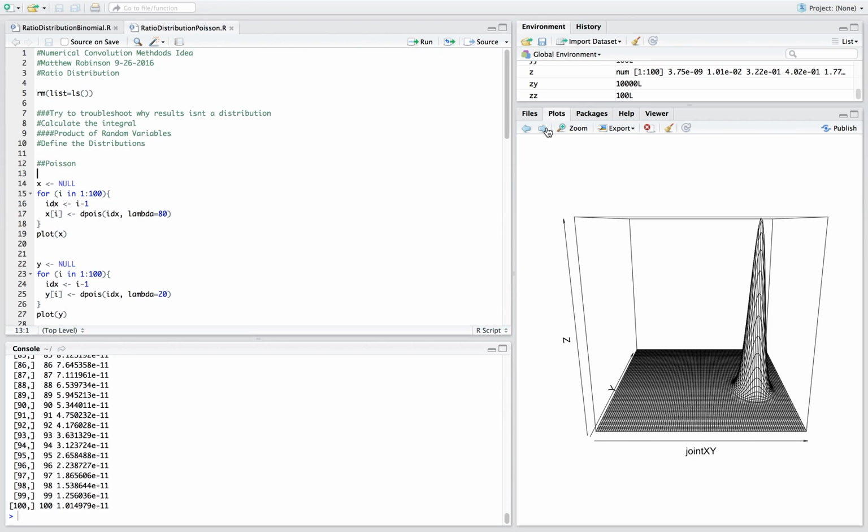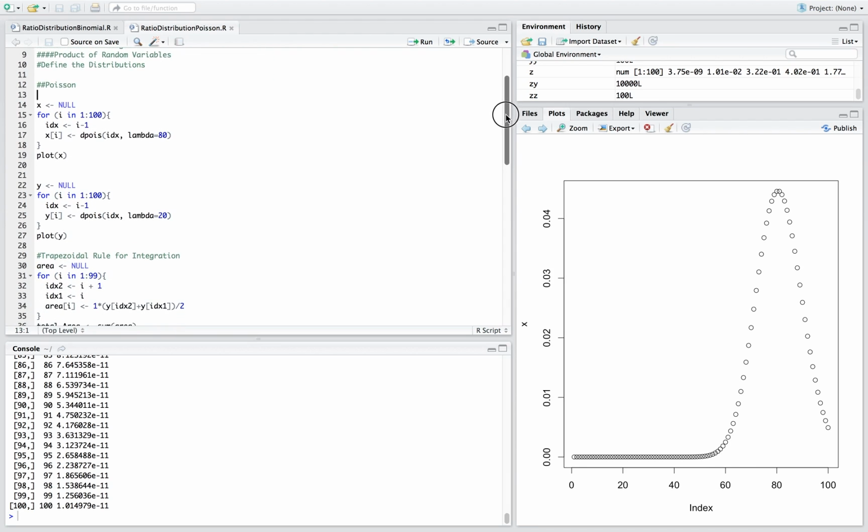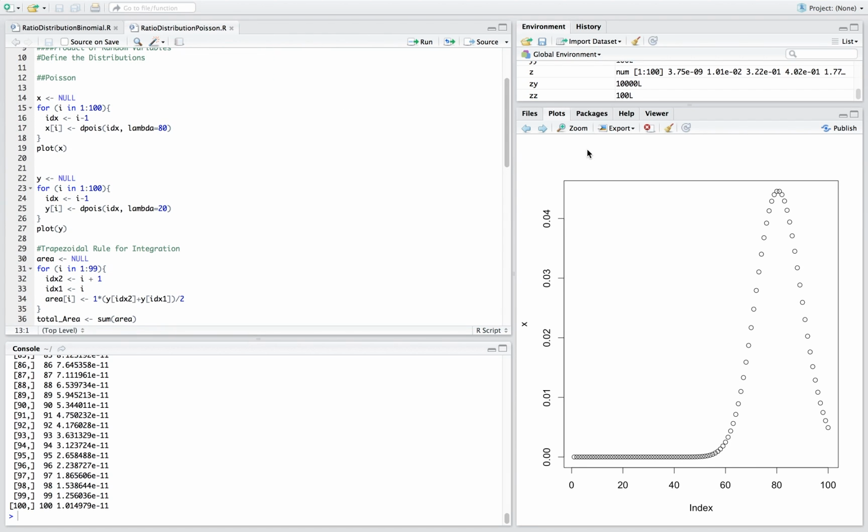Okay, where am I? Poisson. So now I did a Poisson distribution of lambda 80, so it's going to peak around 80. Poisson's not symmetrical. It's even more skewed than binomial. So its central tendency is somewhere around 80. Then I did one around 20.